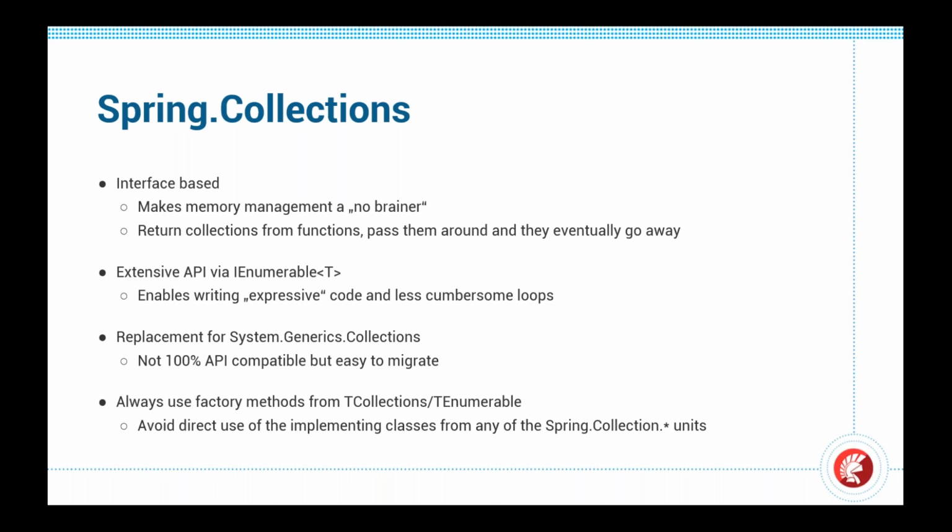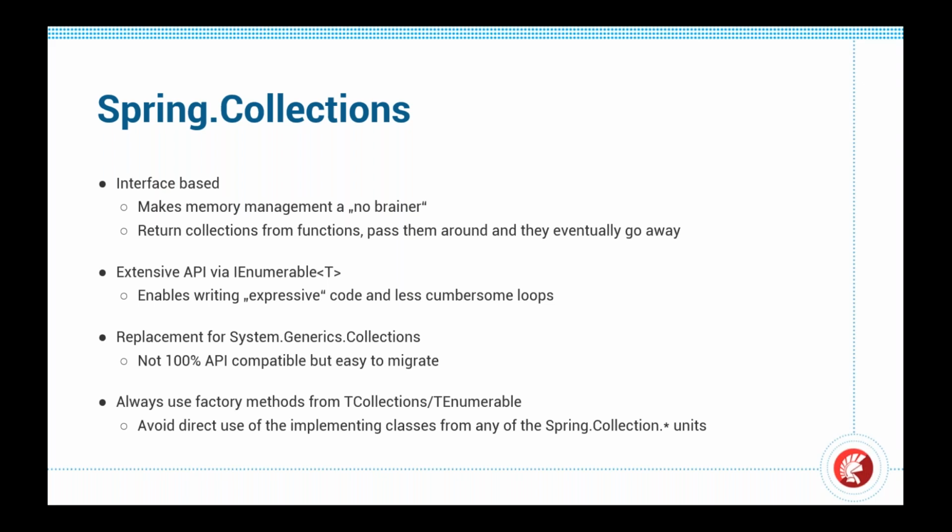It gives me an extensive API via the Enumerable of T, and that enables writing expressive code that is less cumbersome, because I don't have to code all my loops explicitly, but I can use some of the nice methods of Enumerable of T, and therefore also on all the collections because they all inherit from Enumerable of T. And this is not the Enumerable of T from the system functions, but a type from Spring.Collections.pas.